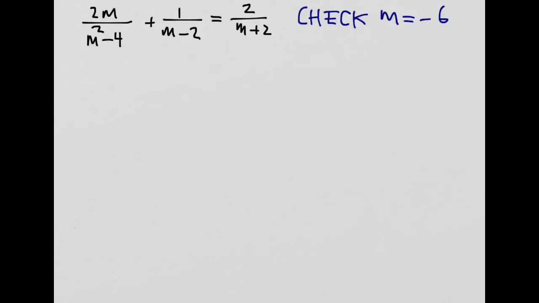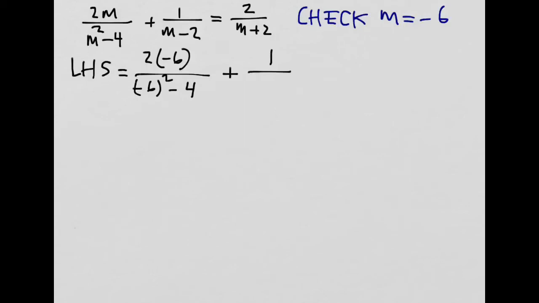So let's plug in minus 6 for m on the left-hand side. We get the left-hand side equals 2 times minus 6 over minus 6 squared minus 4 plus 1 over minus 6 minus 2.